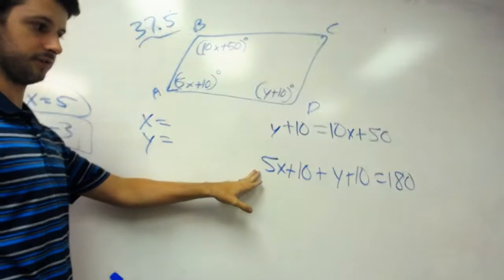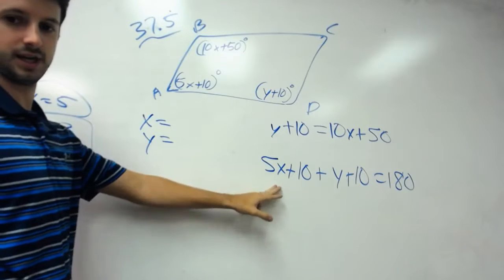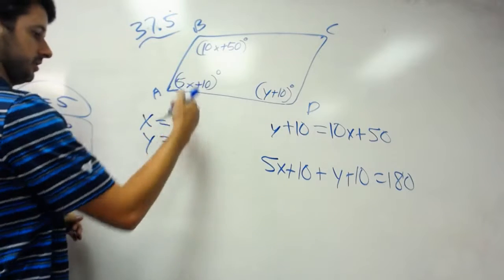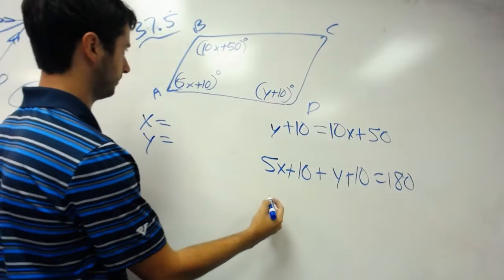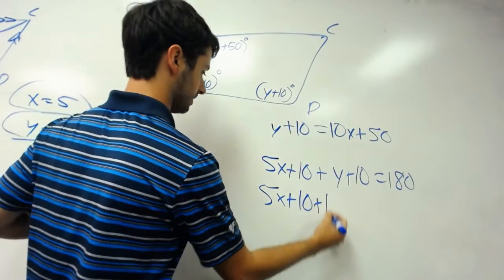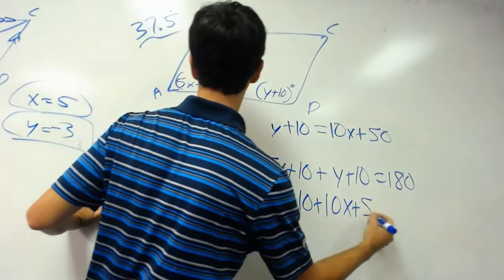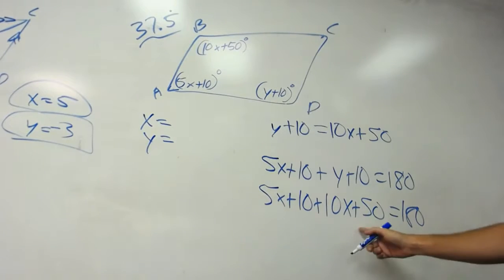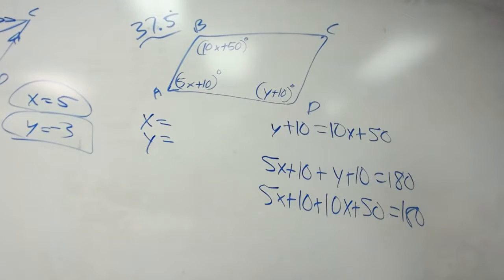Well, we can't solve that either because there's an x and a y. But we do have one more. These are adjacent, so they are also supplementary. So we could say 5x plus 10 plus 10x plus 50 equals 180. Now we only have one x or one variable, and we can solve.